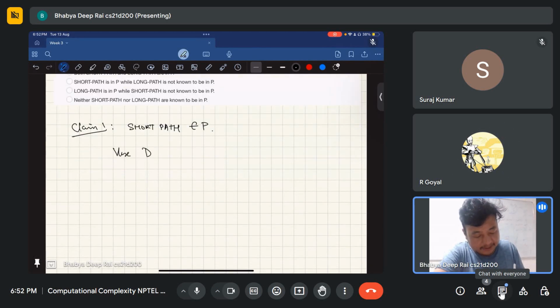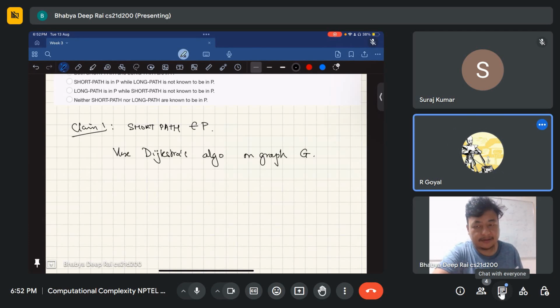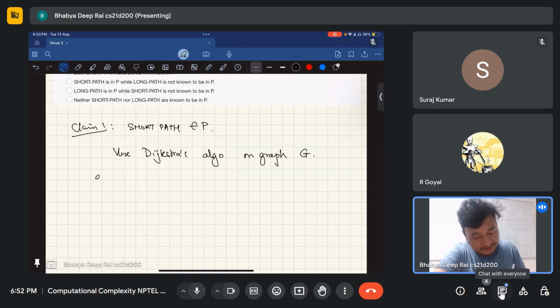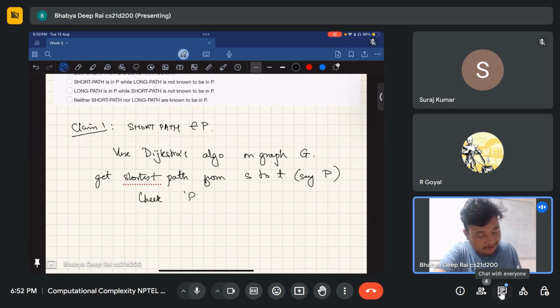Use Dijkstra's algorithm on graph G and get the shortest path from S to T. Once I get the shortest path from S to T, call the path P, and check if the length of the path is at most K, and done.